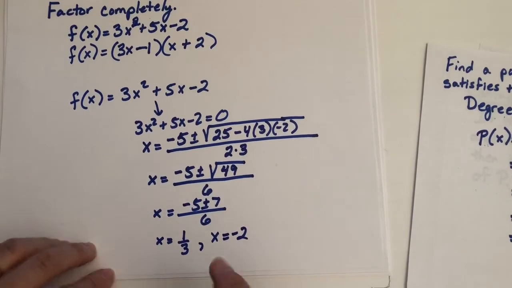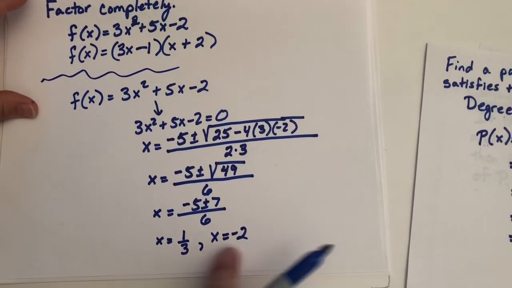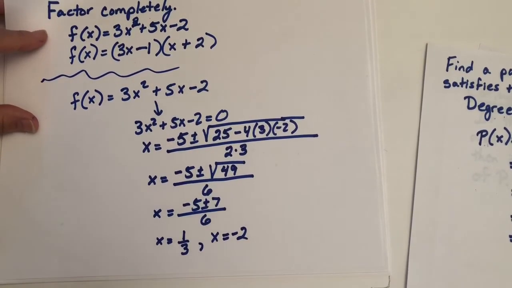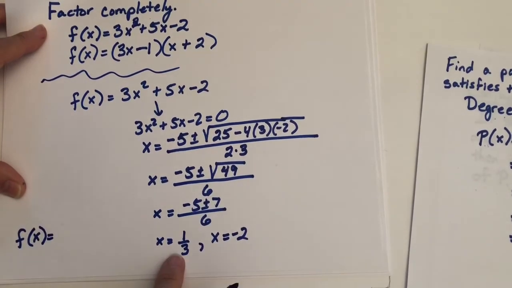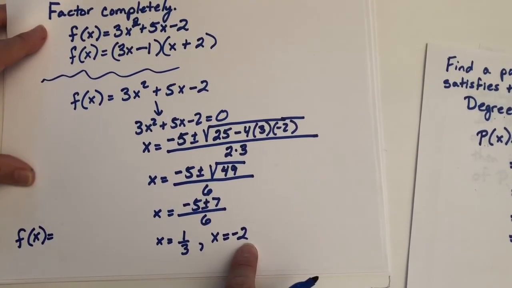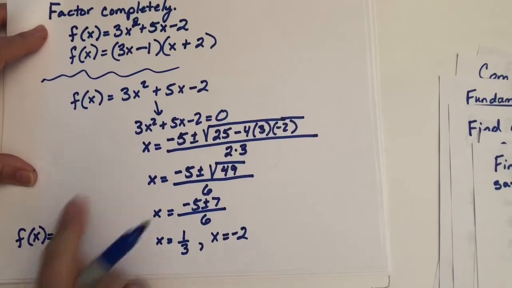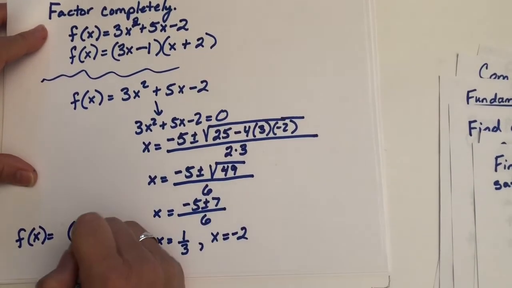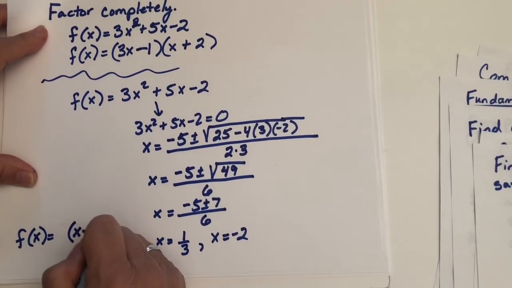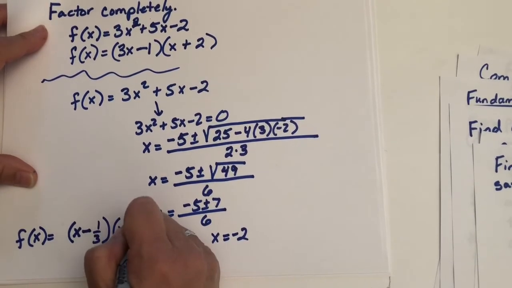So the point I want to make is that often when people see these as their zeros, they do this. They know that they have zeros of 1/3 and negative 2. And they remember the part of the complete factorization theorem that says when you're factoring a polynomial, we can write it as x minus the 0 and x minus this 0.